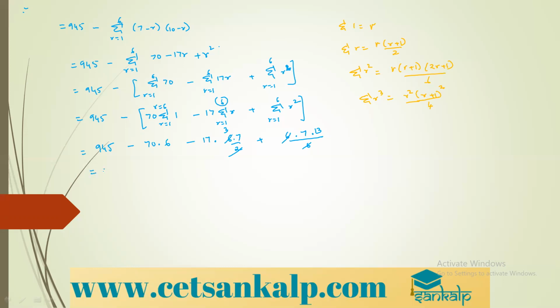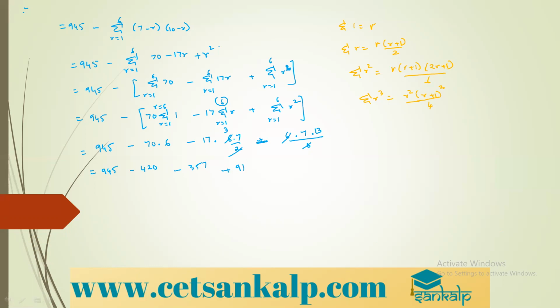So I will have 945 minus 420 plus, I am multiplying 17 into 3 into 7. So that will be 357. But I have to minus this one. Minus 357. Lastly, I have plus 91.